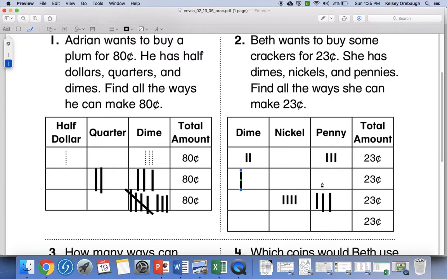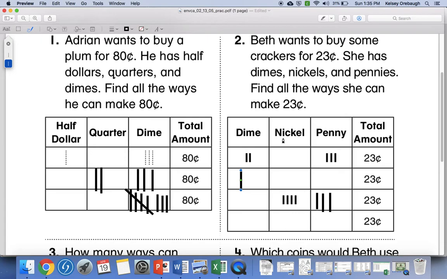Okay? So if a dime is worth 10 cents and a nickel is worth 5 cents, how many nickels do I need to equal the same amount as a dime? 10, 5.